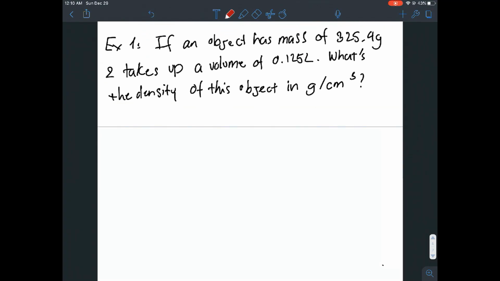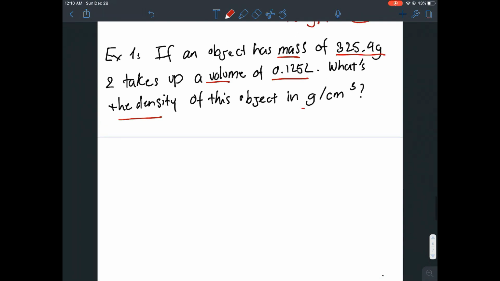The next example: if an object has a mass of 325.4 gram and takes up a volume of 0.125 liter, what is the density of this object in gram per cubic centimeter? Okay, we're going to do this right here. What is the formula of density? Density is equal to mass over volume.